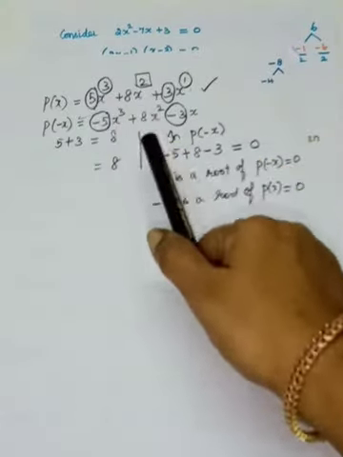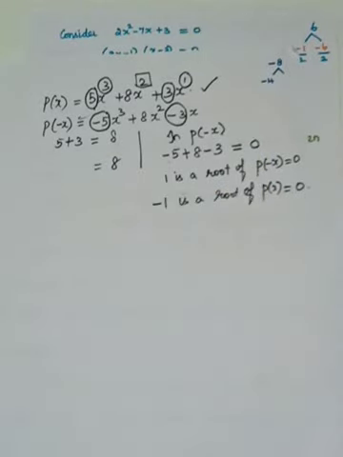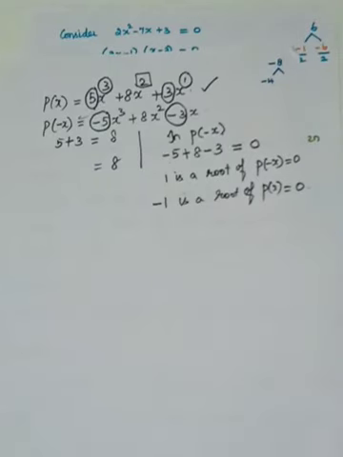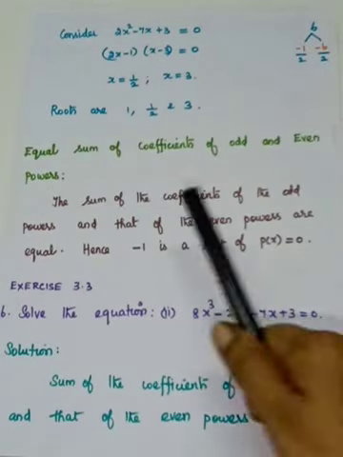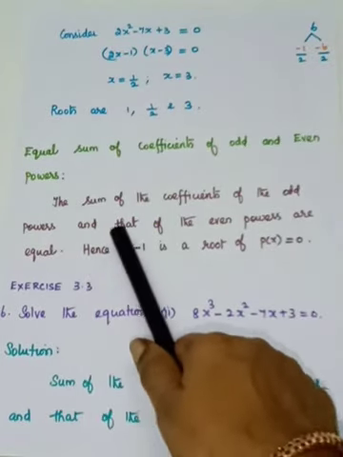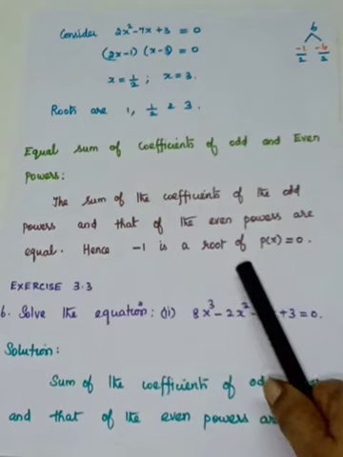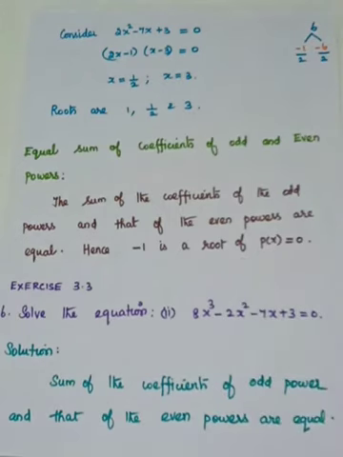If the sum of the coefficients of odd power is equal to the sum of the coefficients of even power, then minus 1 is a root of p of x is equal to 0. That is your conclusion. Okay, you see now here. The sum of the coefficients of the odd powers and that of the even powers are equal. What's your conclusion? Hence, minus 1 is a root of p of x is equal to 0.